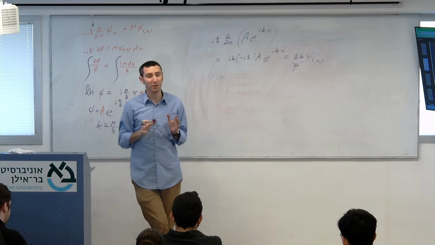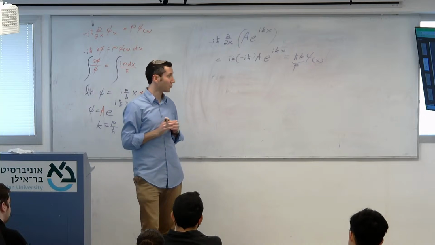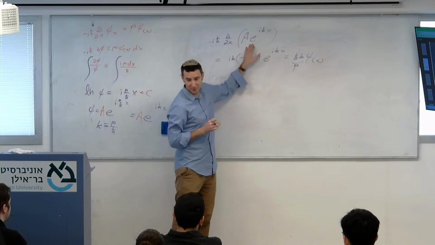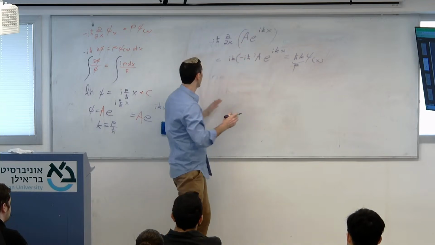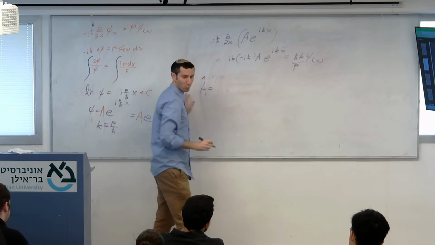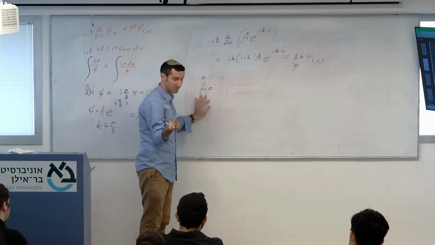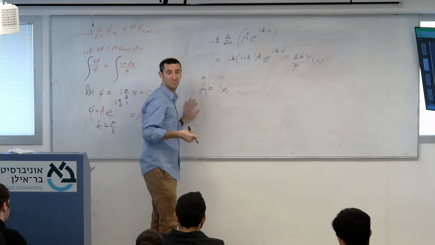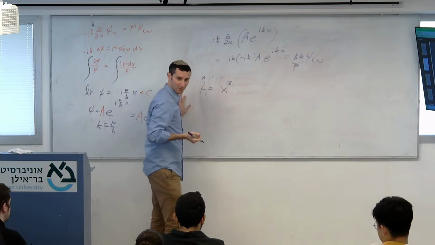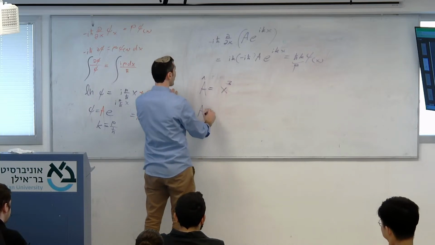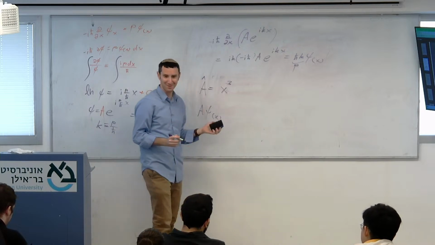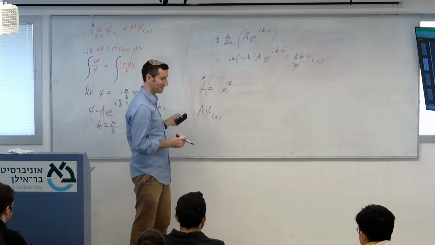Can you imagine other functions or other operators that would not do this? Let's imagine an operator, let's call it A, which is x, for example, or x cubed. So when A acts on phi of x, no, A is not good because we had the constant before.